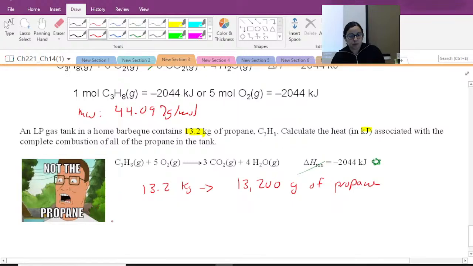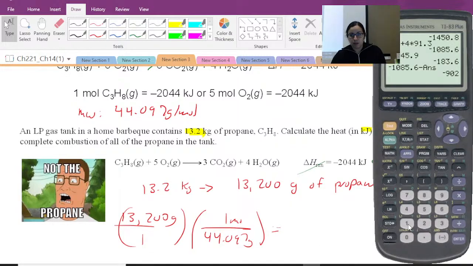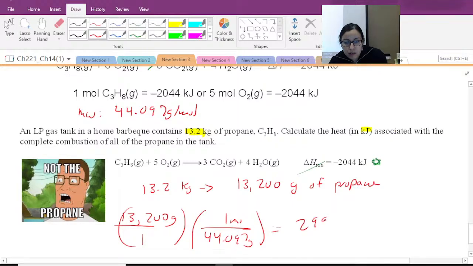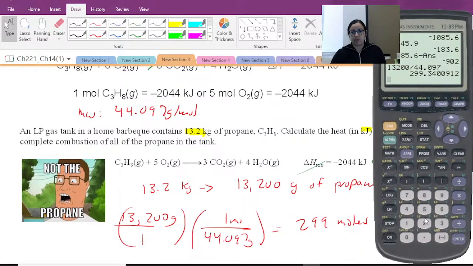And then I divided 13,200 grams by the molecular mass to get the number of moles in that amount of propane. It was right about 299 moles of propane? Excellent. Then I just multiplied that by the negative 2,044 kilojoules per mole.